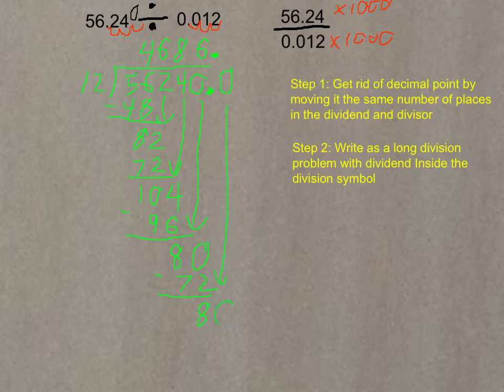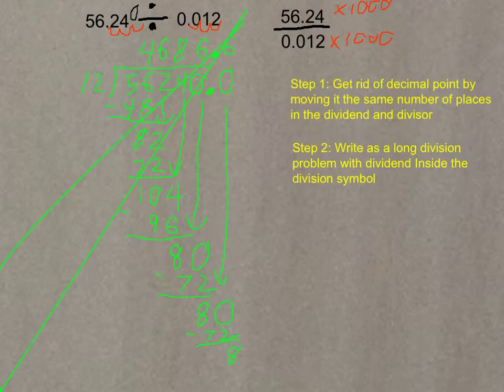And again, I have 80. And again, I know that 12 goes into 80 6 times. And we're going to run into a repeating cycle here. 6 times 12 is 72 again, so it's a minus 72, which gives me another 8, which I would add another 0, and end up getting another 6.